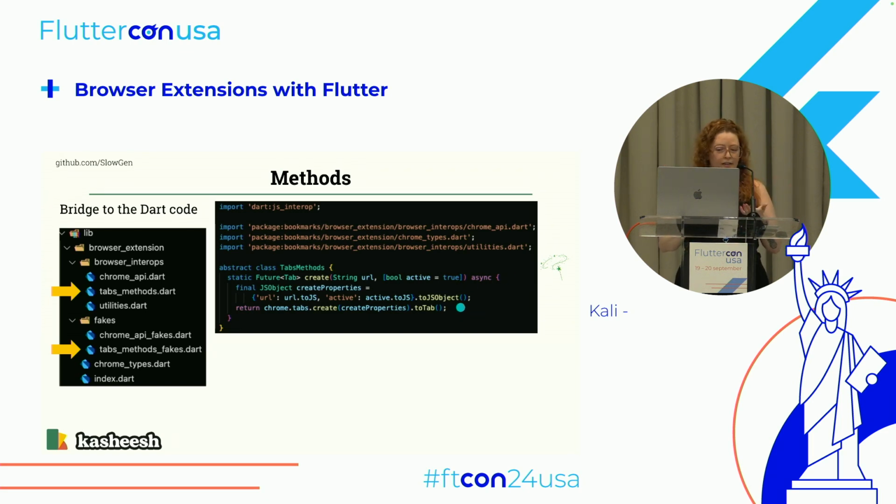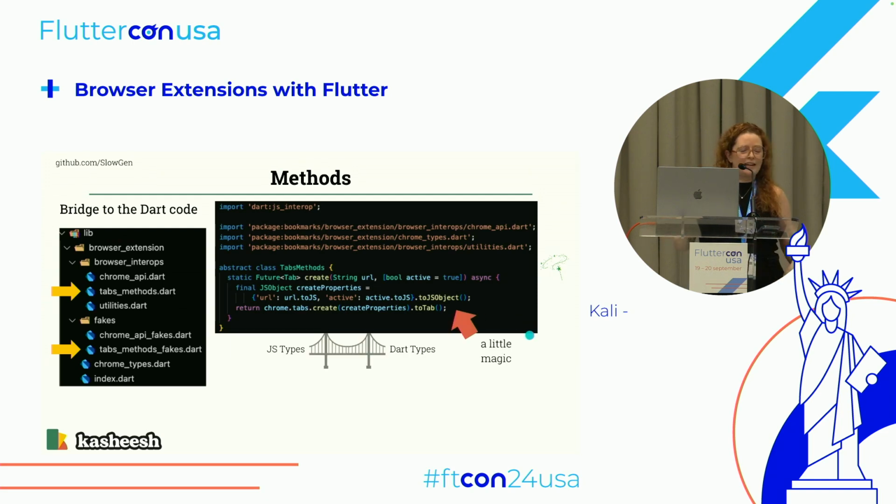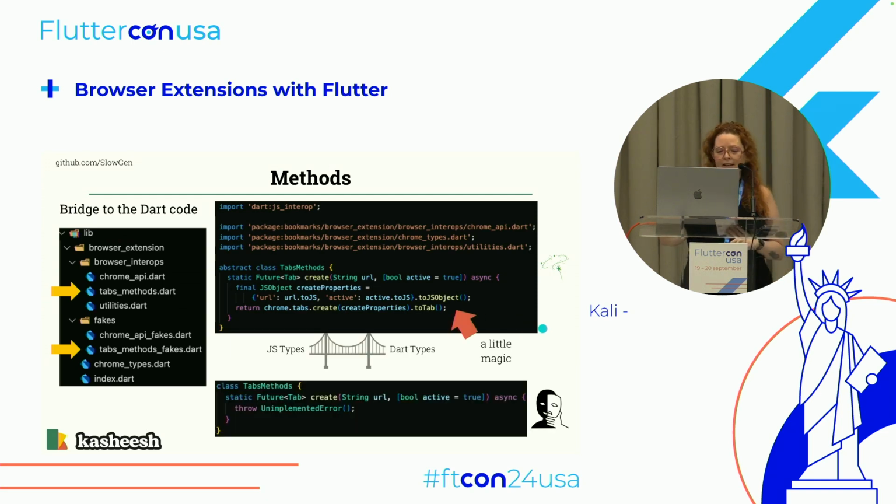So clearly, this toJS object, toTab, those don't exist. Those are methods that I have created that we'll get to next. That's where the magic happens. And again, don't forget your fakes.